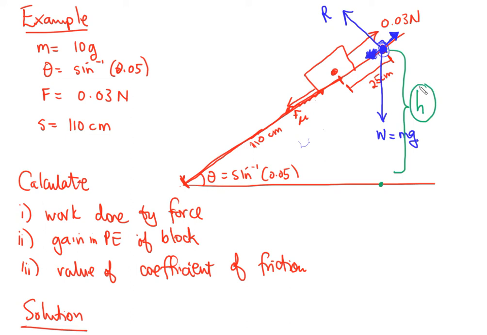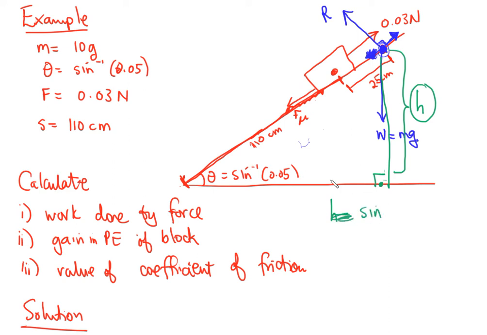When you look at this, it looks like a rectangle, which means we need to calculate this h. What is our h? And I'll tell you why I'm emphasizing this. Our h is the opposite side of a right angle triangle, so we can use sine theta.